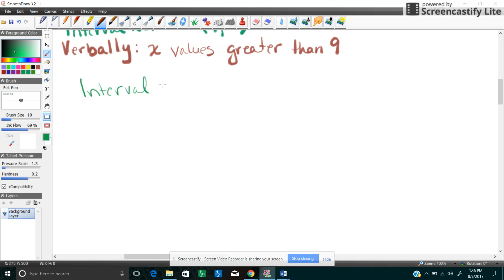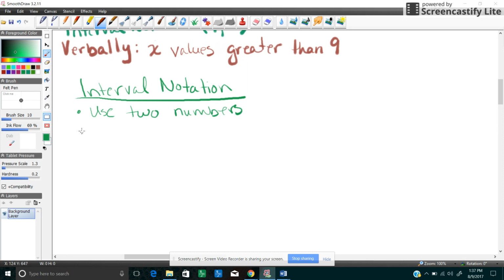The trick with interval notation is to know when to use a bracket and when to use a parentheses. So I'm going to put some conditions here. This one does use two numbers always.